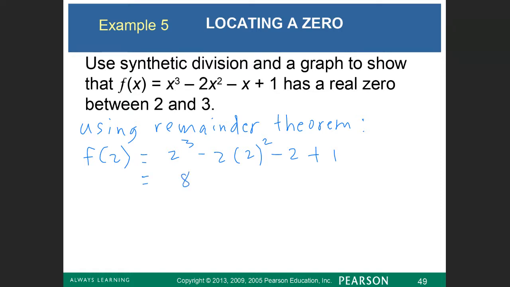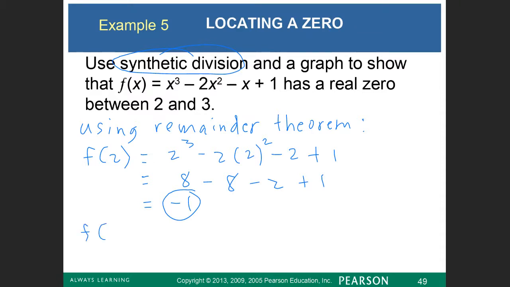You have 4 times 2, that would be a minus 8. Then minus 2 plus 1. 8 minus 8 is a 0. Negative 2 plus 1 is a negative 1. You can see that our remainder here is the same as the remainder using synthetic division. So this is the alternate solution here.